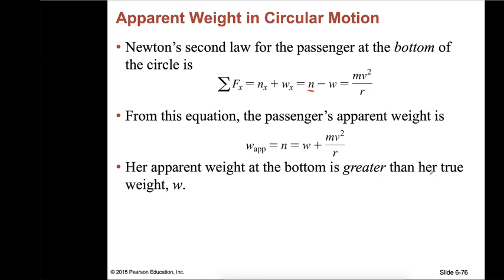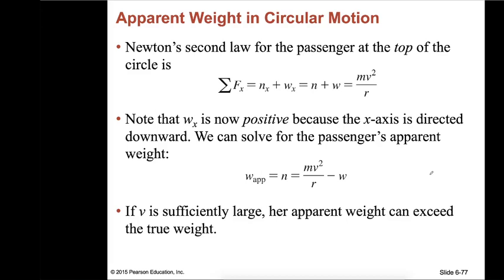That's why when you are in a roller coaster, if you're at the bottom of a loop, you will feel heavier. In another situation, when the passenger is at the top, then the net force equals normal force plus weight. Here they use x, but actually it's not in the x direction, it's in the y direction.